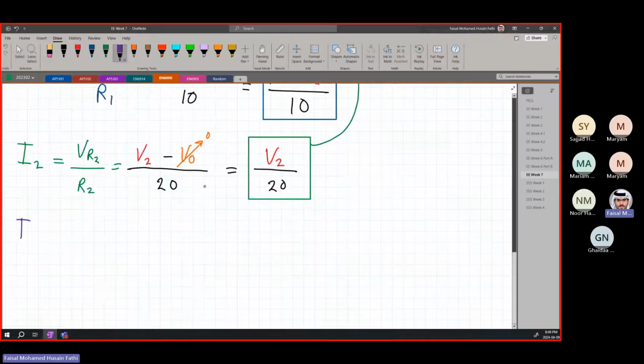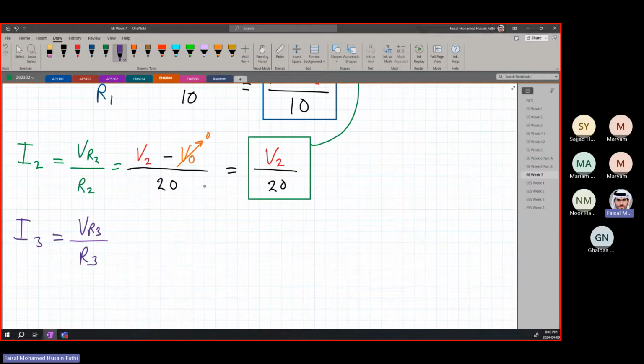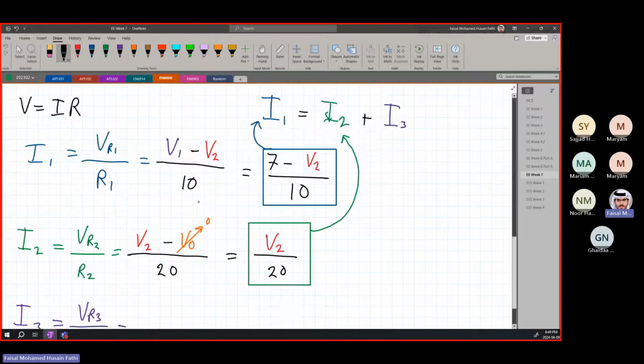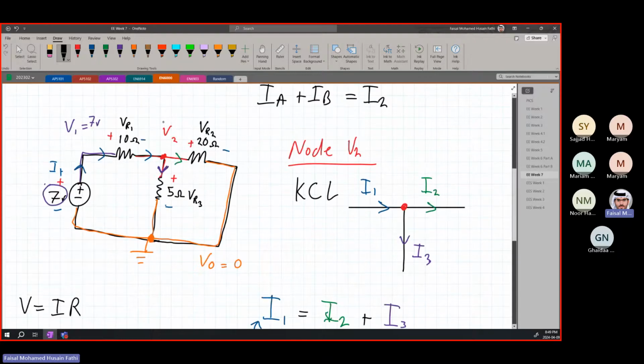Lastly, we have I3 is equal to VR3 over R3. VR3 is V2 minus V0. This is where the plus is. If you look at it here, we have the plus over here and the minus over here.